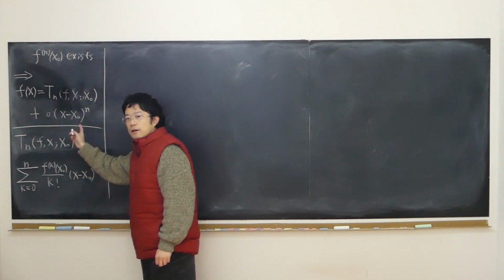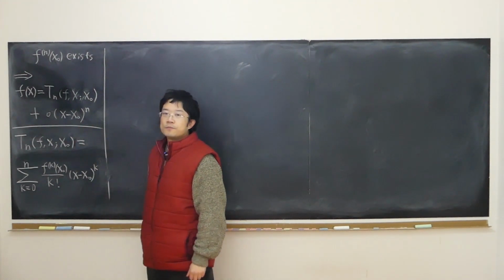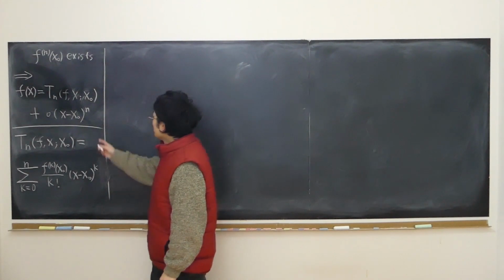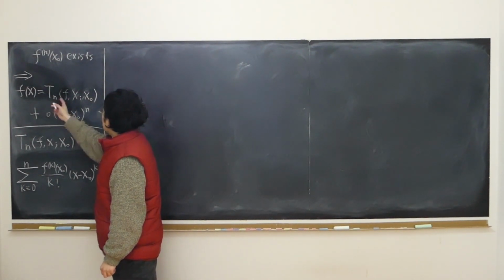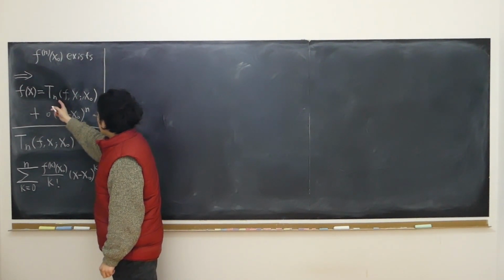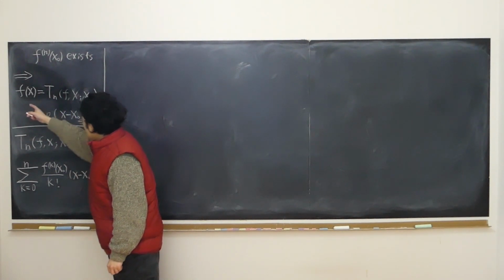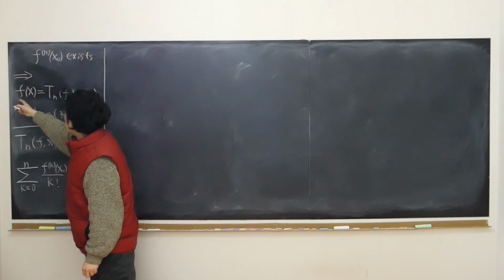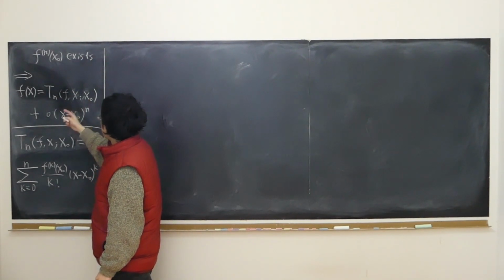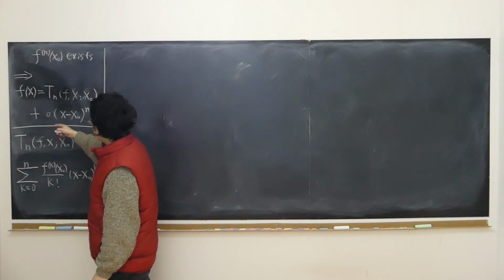Again, let's remind ourselves of the meaning of little omicron. Basically, if you move this Taylor series, Tn, over to the left-hand side, that means the difference between this function and this polynomial can be written as an infinitely small amount.